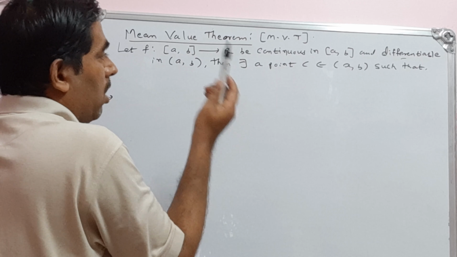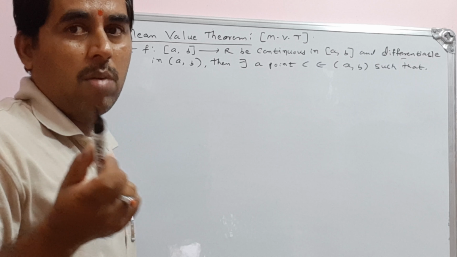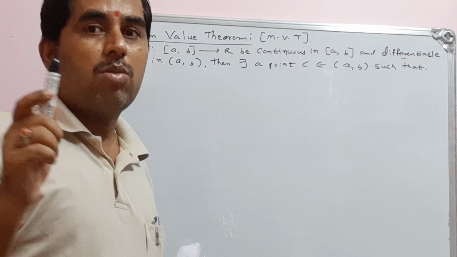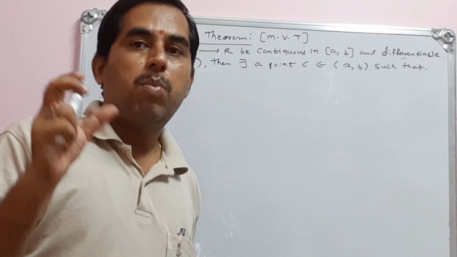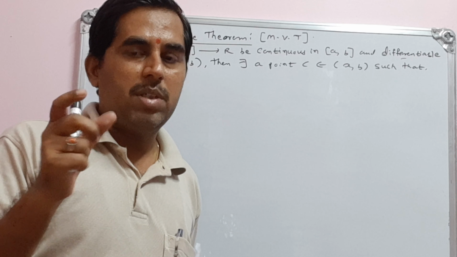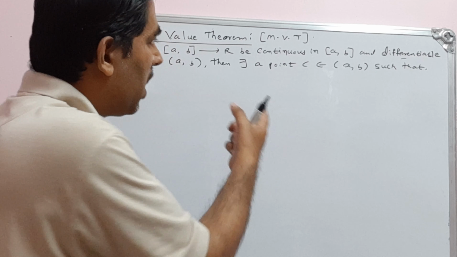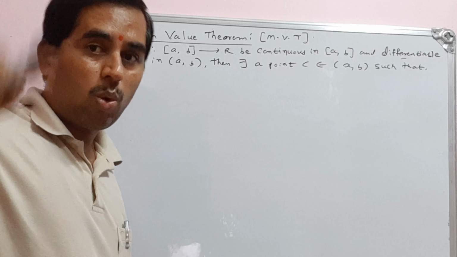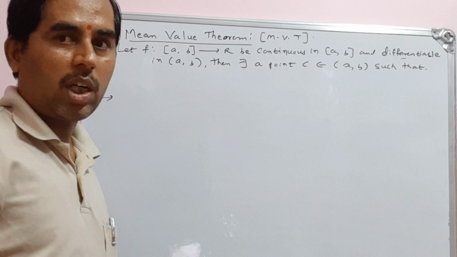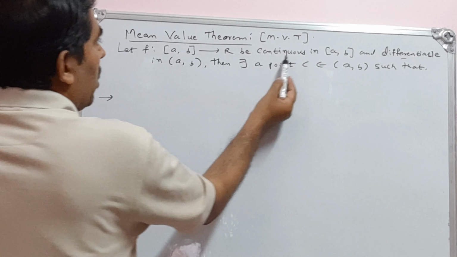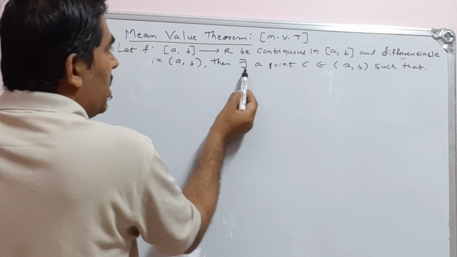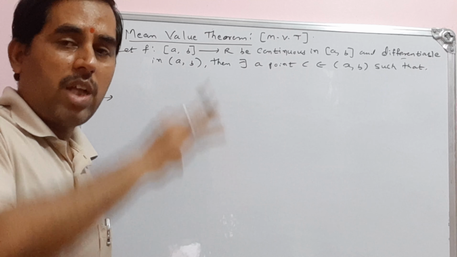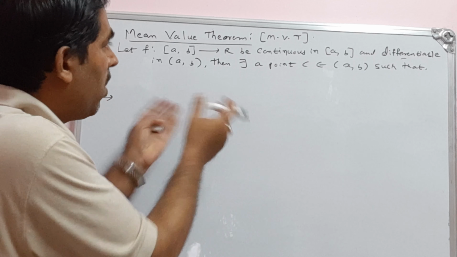The difference between Rolle's theorem and mean value theorem is that in Rolle's theorem we put a condition on a and b, that is f of a is equal to f of b. Here there is no such condition. That condition applies to Rolle's theorem, not to the mean value theorem.